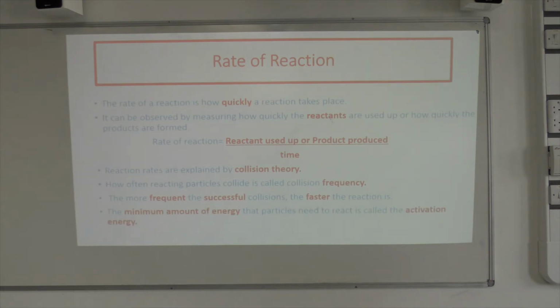The minimum amount of energy that particles need to react is called the activation energy. All these words in red are the key words that you need to mention when you answer an exam style question about why the rate of reaction is fast or slow. The more frequent the successful collisions, the faster the reaction is.